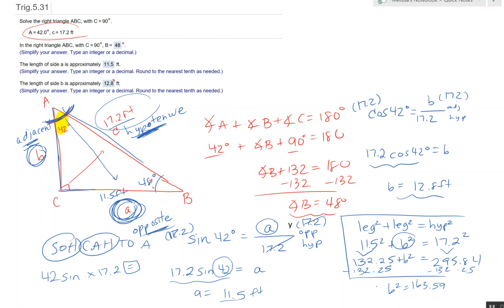And your final step is to square root both sides to get B. So if I hit second x squared, I'm going to get the square root function on my calculator. And the square root of 163.59 is approximately 12.79, so you could say 12.8 since they want you to round to the nearest tenth. So notice that is the same value that we got when we used the trig ratio, so you do have a couple of choices.